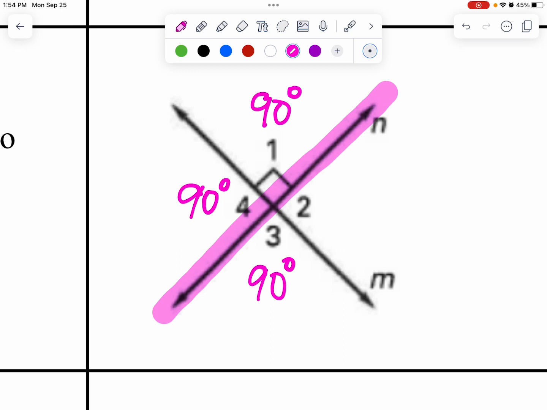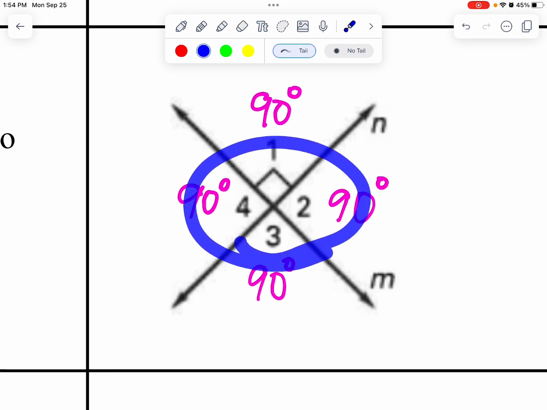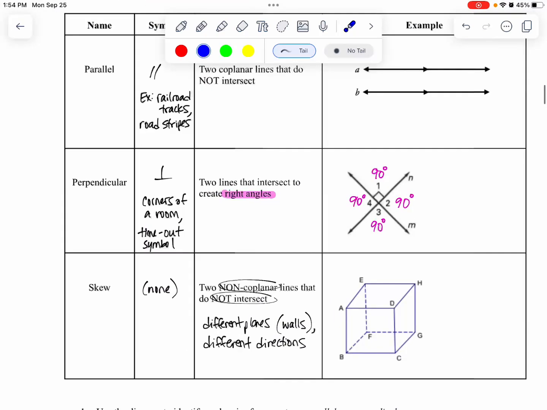And by side, I mean angle. And now look, if we know this angle, we also know this one because of the bow ties, which is also 90 degrees. So why didn't they put a box in all four of them? The reason is because if one of them has a box, which means it's 90 degrees, that means that all four of these are 90 degrees, okay? That, my friends, is an example of perpendicular.